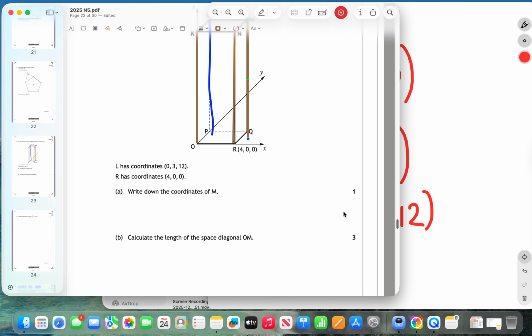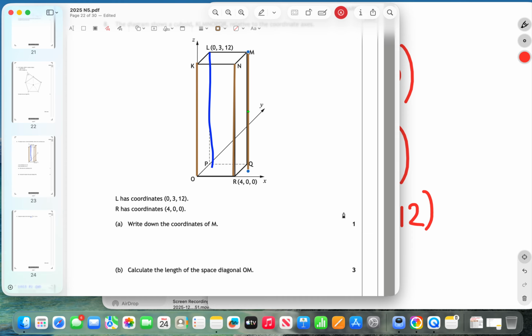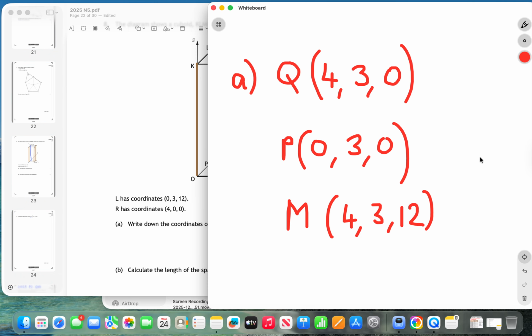So part B, pause the video if you want to have a go at it, but here goes. Calculate the length of the space diagonal OM. Now there's two ways we can think about this one. We can think about it in terms of vectors, or we can think about it in terms of Pythagoras.